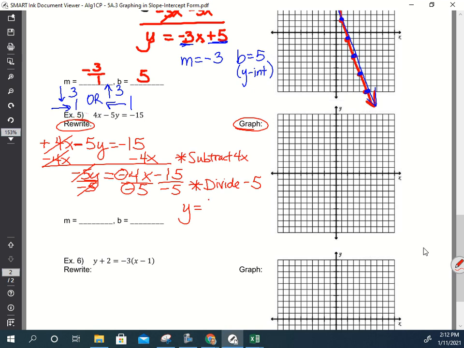Positive. So that's positive 4 over 5x. You don't have to put the plus there. What's 15 divided by 5? 3. So let me clean this up a little bit. y equals 4 over 5x plus 3.